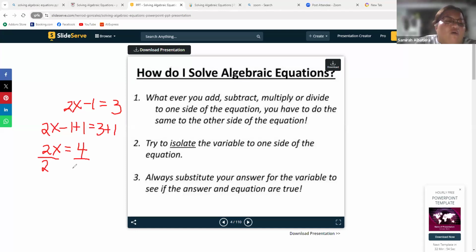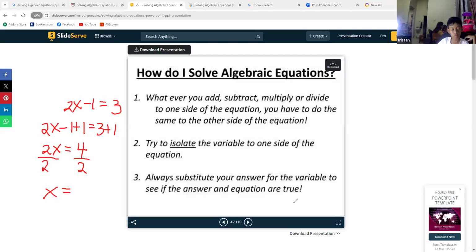Since we divided 2 from the left side, we will make sure that we also divide 2 from the right side. So 2 divided by 2 would give us 1, and 1 times x would give us x. And then 4 divided by 2 is what? 2. That would be the value of x. X therefore is equal to 2.